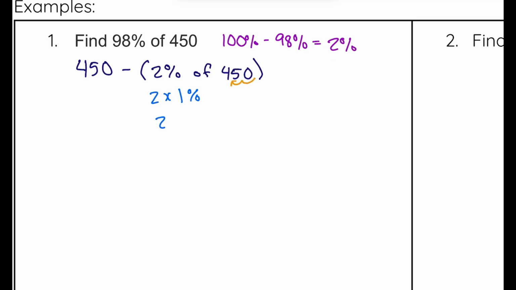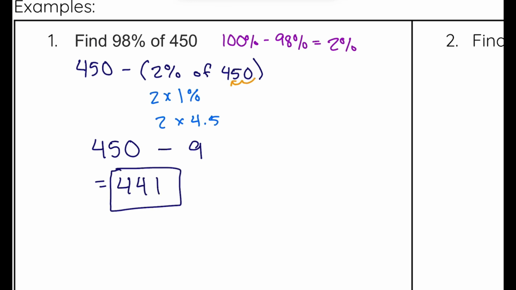So we have 2 times 4.5, which is 9. So 2% of 450 is 9. Now all we need to do is subtract that from 450. 450 minus 9 is 441. So 98% of 450 is equal to 441.